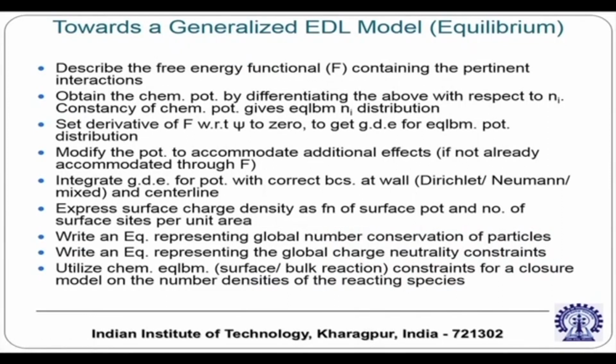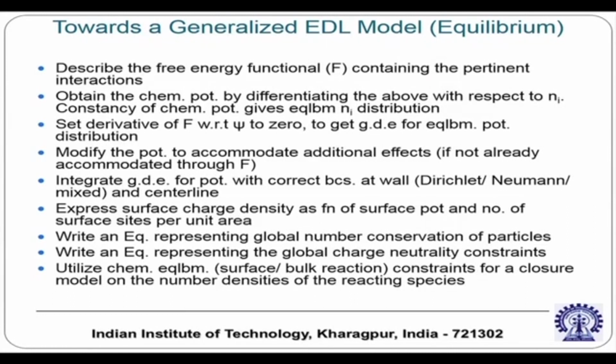So how can you get a generalized EDL model? So we have discussed how to incorporate one of the effects, but we could see there could be many other effects like the solvation interaction, image charge effect, so many other effects are there. So describe the free energy functional containing the pertinent interactions. So in the free energy there may be additional expressions because of additional interactions.